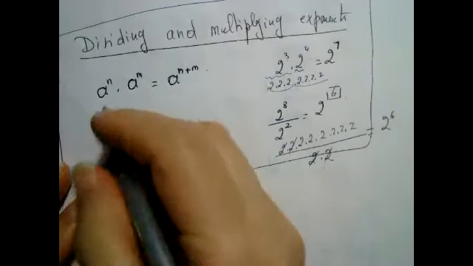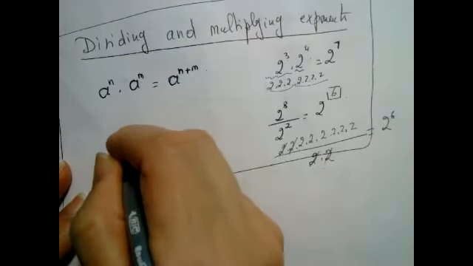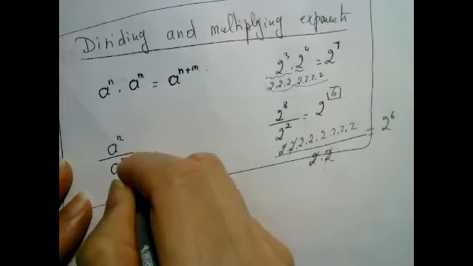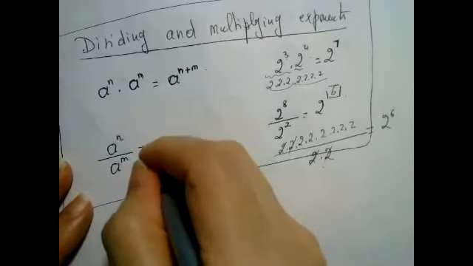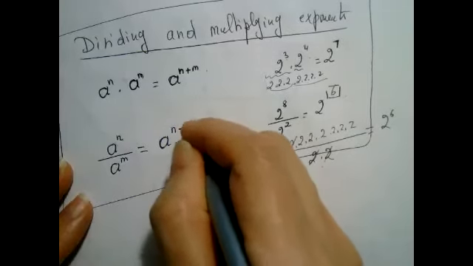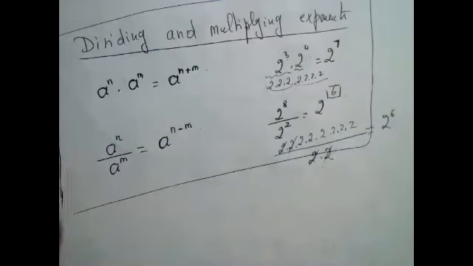So this tells me, in general, if you have a to the n, and you divide it by a to the m, it's the same a, but what you get is a to the n minus m. You subtract the power away. Okay.